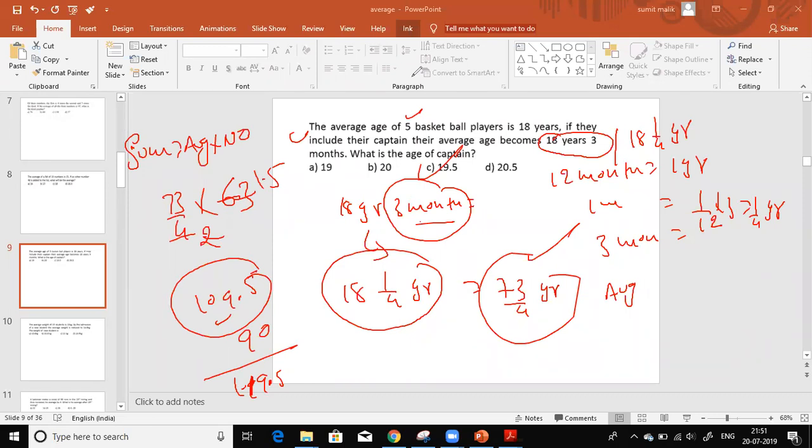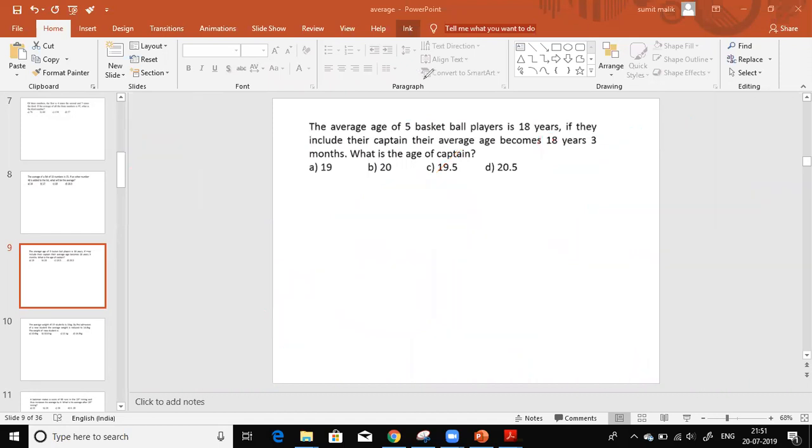And now we will solve with another method. There were 5 basketball players, and their average is 18 years. Now their captain is included.